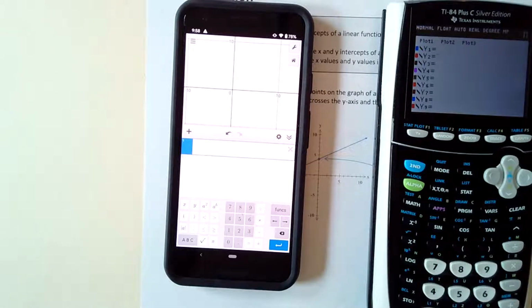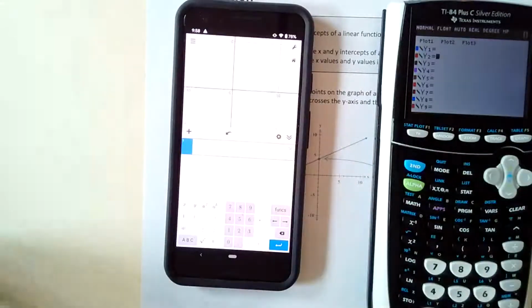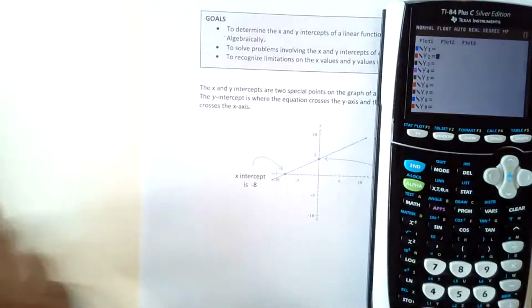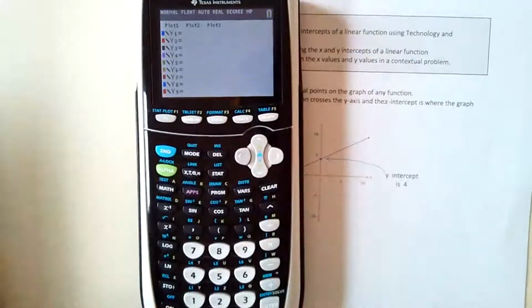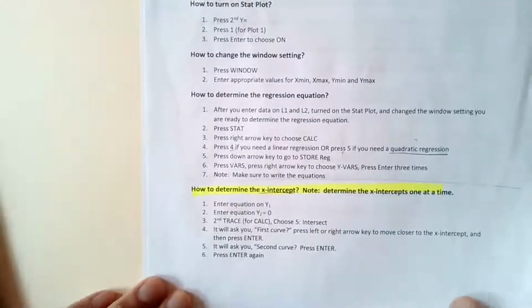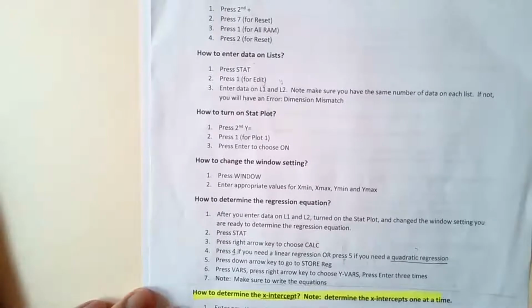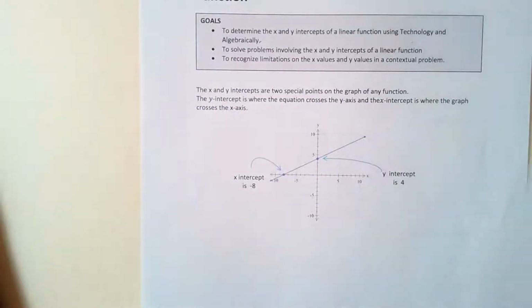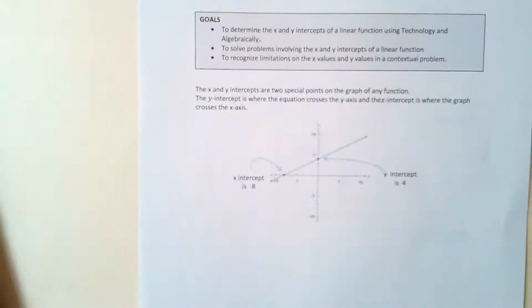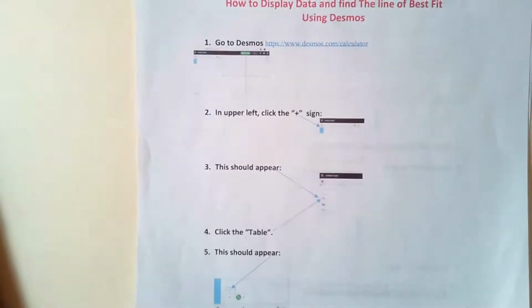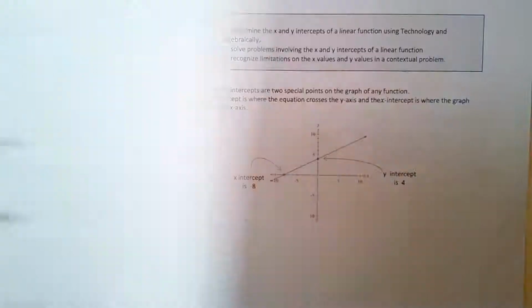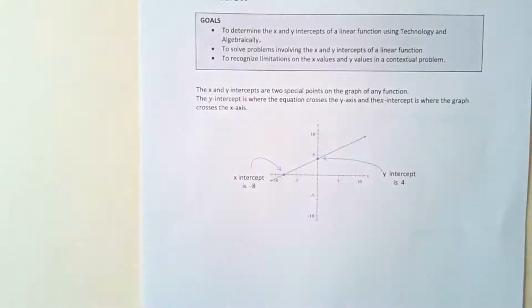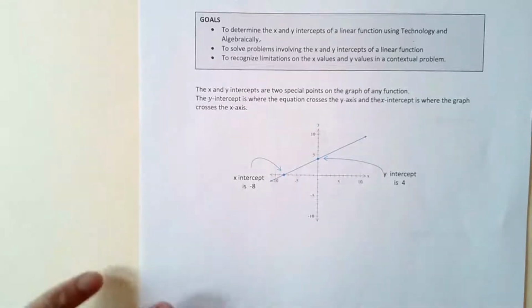Also, if the graphing calculator is your main usage, you'll want to have this sheet handy with you to find the x-intercepts, 2 sides. Or if you're using Desmos, we can have this with us here. So these are the things you'll need. Let's see, a pencil or pen.